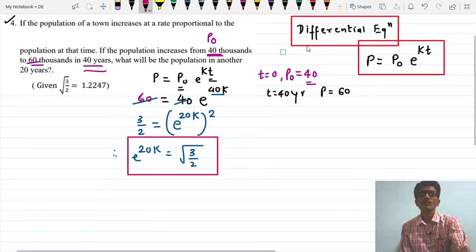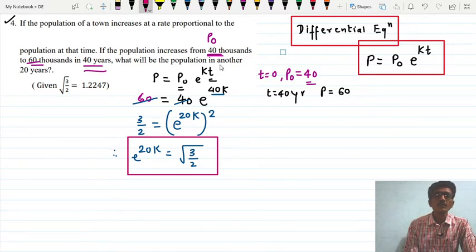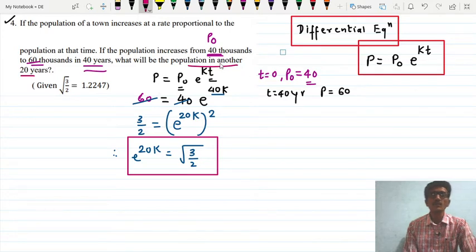Now, what will be the population in another 20 years? In another 20 years means 40 years plus 20 years, that is 60 years.